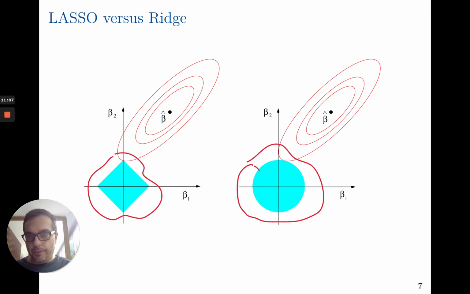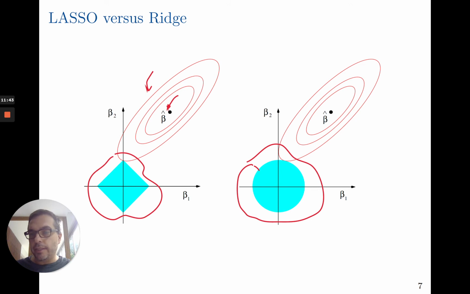And what you're seeing, these lines here, they are the surface of the least squares function. So if you have no penalty, what you're going to get is this solution here. This is the optimal LS solution whenever it's feasible, okay? But as we are introducing the constraint, the solution will be the intersection of these red curves with the blue diamond, okay?